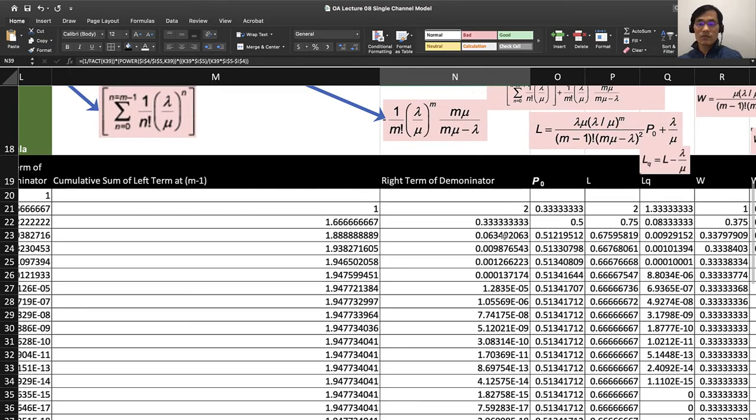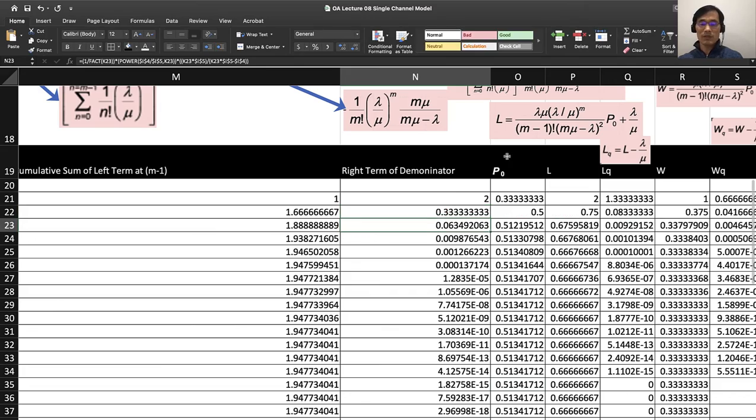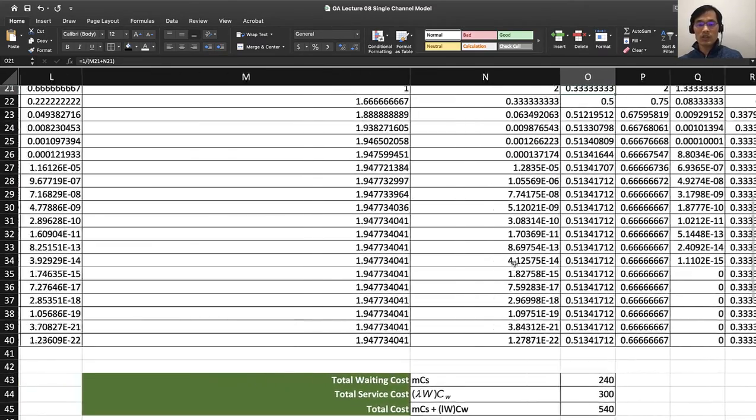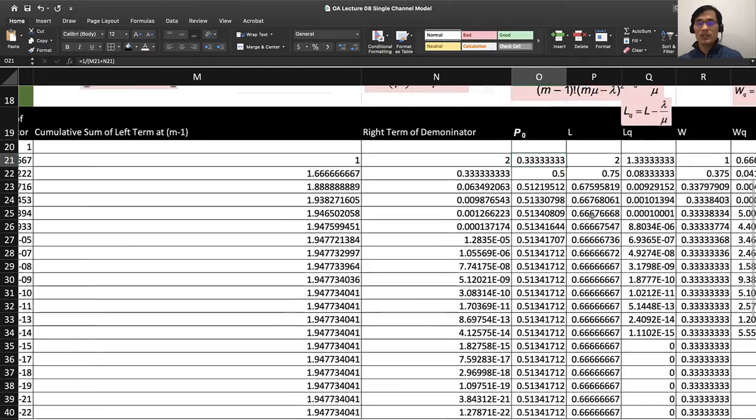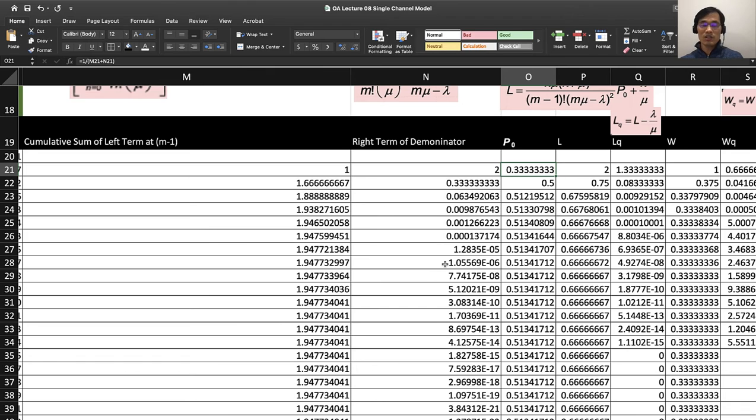And therefore, now I am almost ready to solve my P0, find the P0 value for all the possibilities when I have different values of channels, 1, 2, 3, 4, 5, and so forth. So let's calculate that.